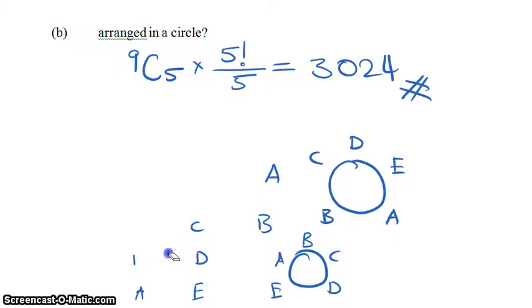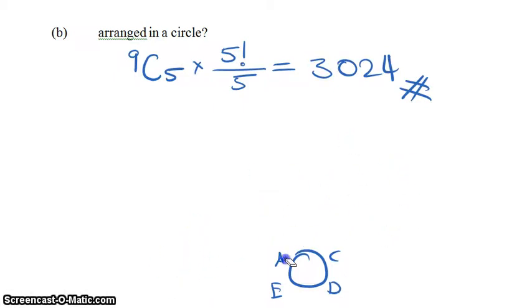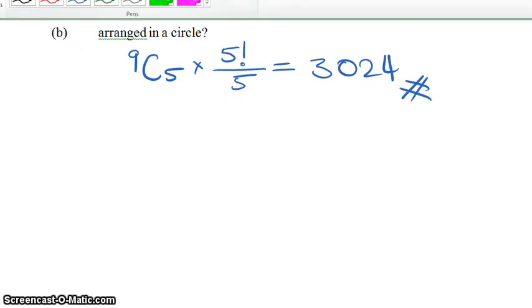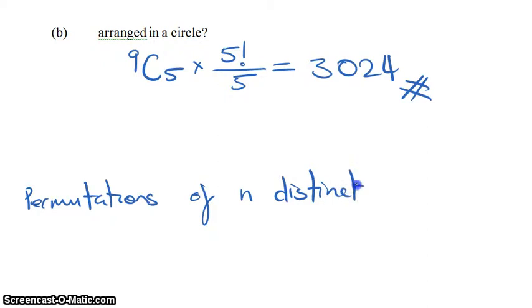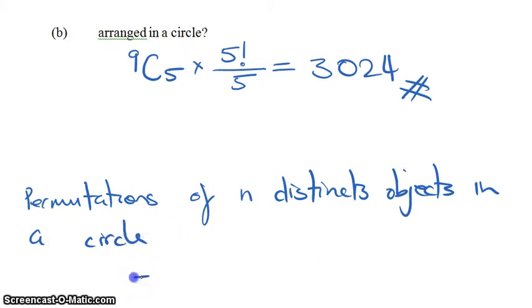So if I want to permute n distinct objects in a circle, the number of ways that I can do that is n factorial, divided by n ways of rotating it, which look identical to the original way.